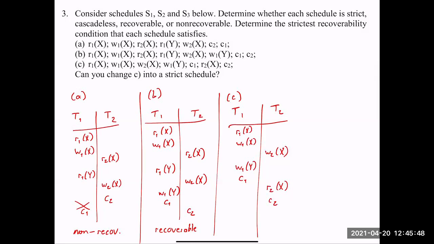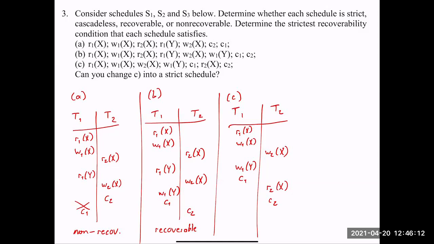All right. So what about this one? Is it recoverable? Again, we need to look at all the read-write pairs. So we only have this read-write pair here. And clearly the writing transaction commits before the reading one. So this is fine. So it's definitely recoverable.